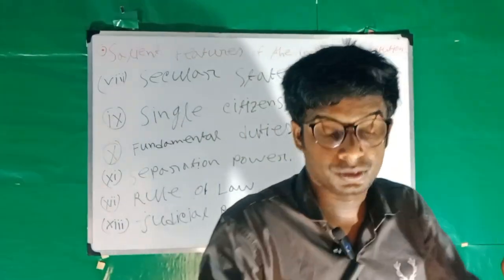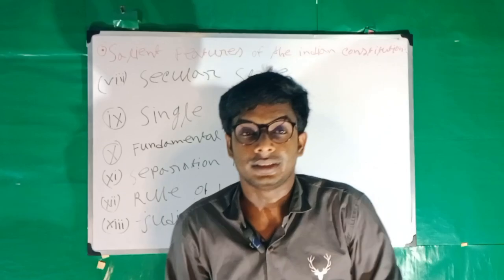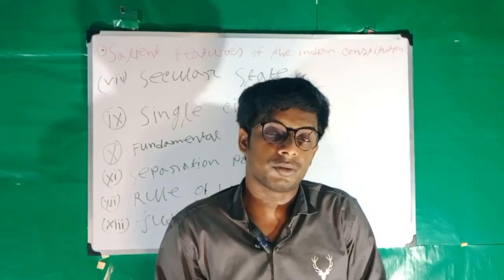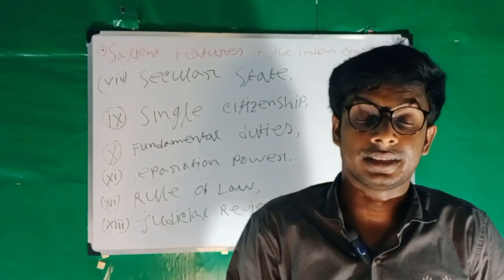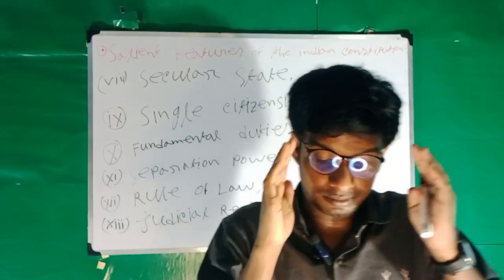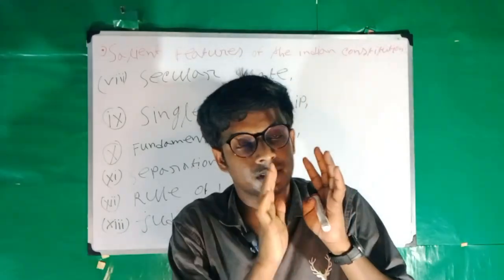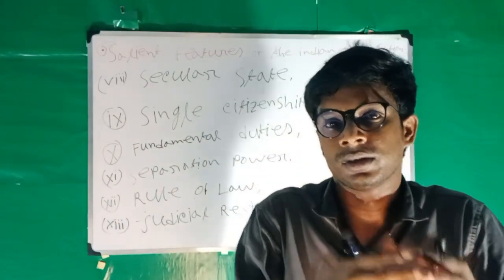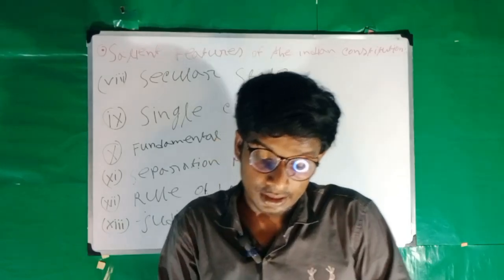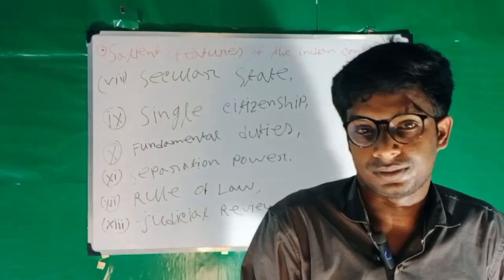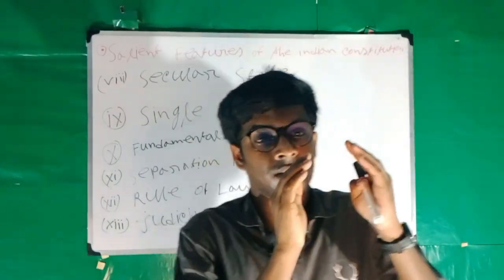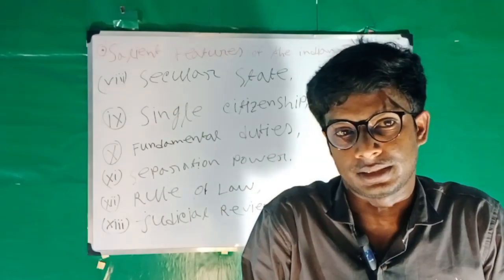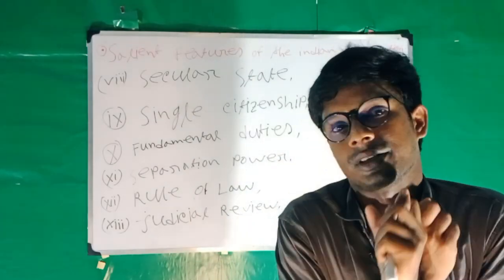Point number 12 is the rule of law. Rule of law is very important in the Indian Constitution, and was provided by Dicey. It has three principles. First is the supremacy of the law, which means law is the supreme law of the land, with absence of arbitrariness.